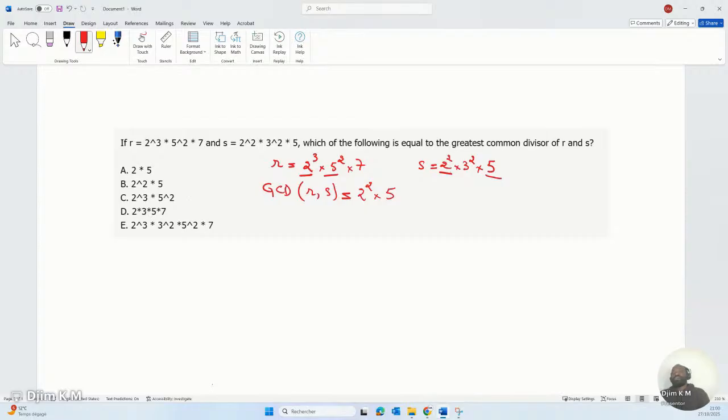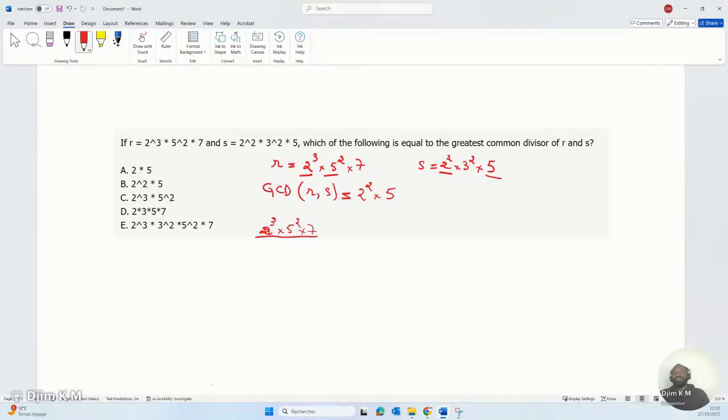So basically we are looking for the greatest value that can divide both R and S. Let's say for example we want to divide R by 2 to the power 2 times 5. It will be 2 to the power 3 times 5 to the power 2 times 7 over 2 to the power 2 times 5.